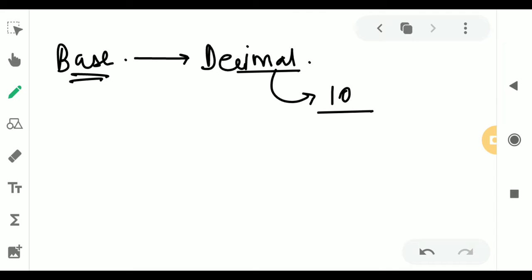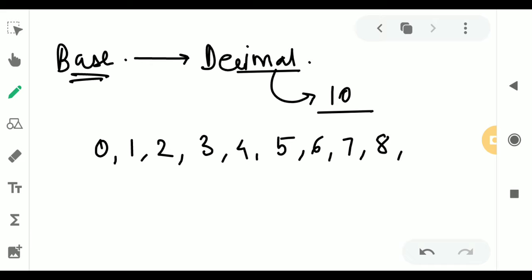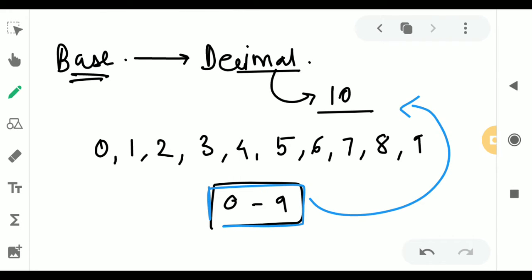So which are those 10 digits? Those 10 digits are 0, 1, 2, 3, 4, 5, 6, 7, 8, 9. So 0 to 9 are these 10 digits, and hence the base of decimal number system is 10.